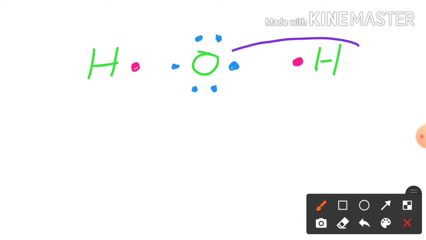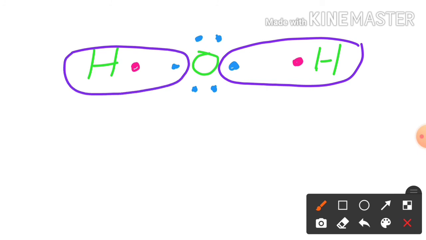This hydrogen takes the contribution of 1 electron from this oxygen, and this hydrogen also takes the contribution of 1 electron from this oxygen, and both the hydrogens complete their duplet. Now it's a sharing rule. If oxygen is giving 2 electrons to 2 hydrogens for sharing, then oxygen in turn will share the 2 electrons from 2 hydrogens.